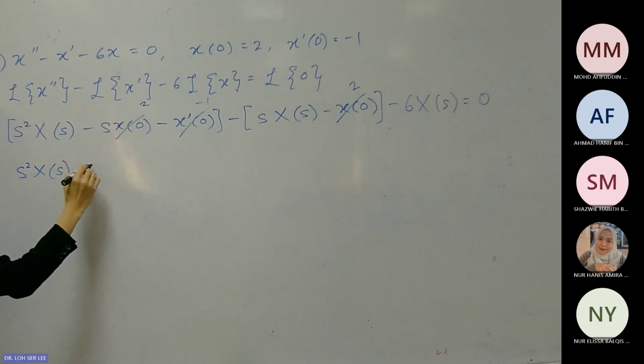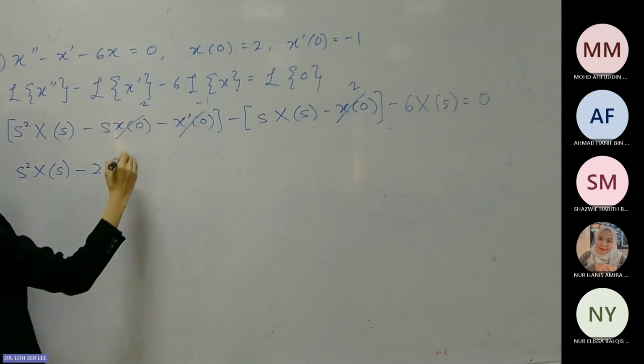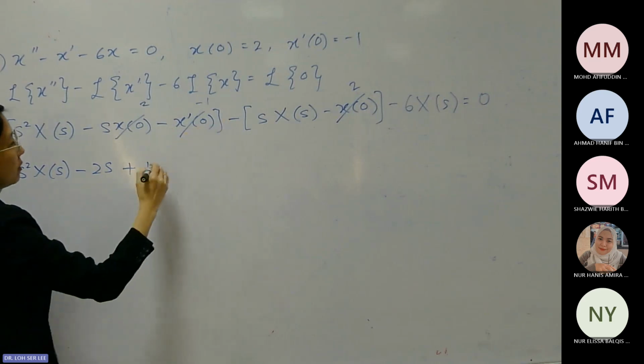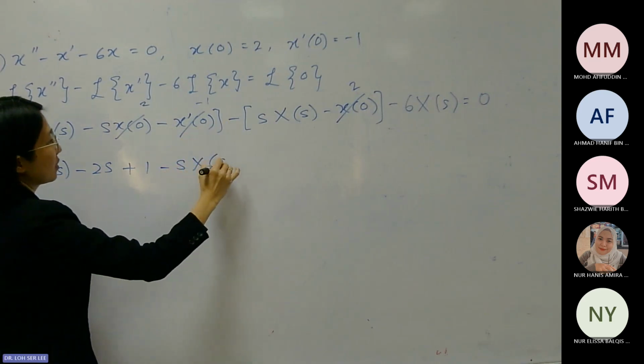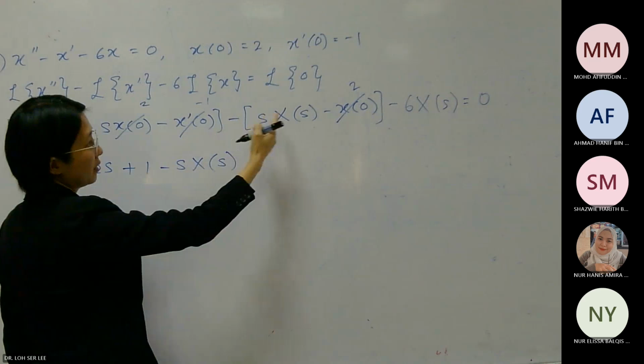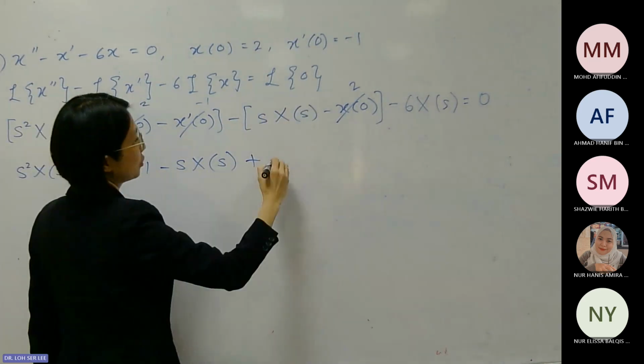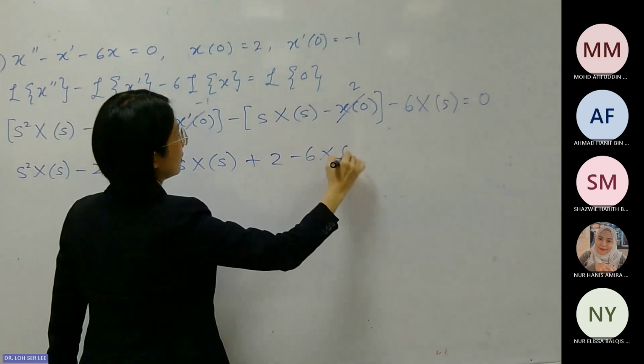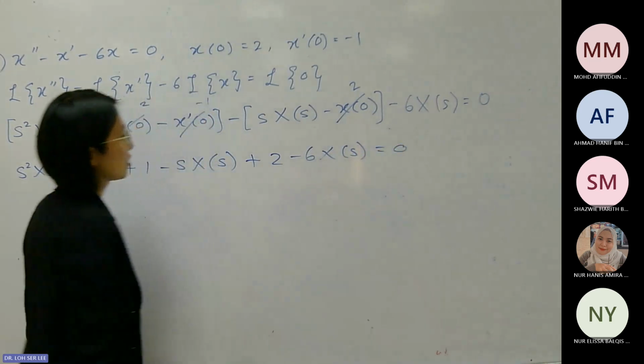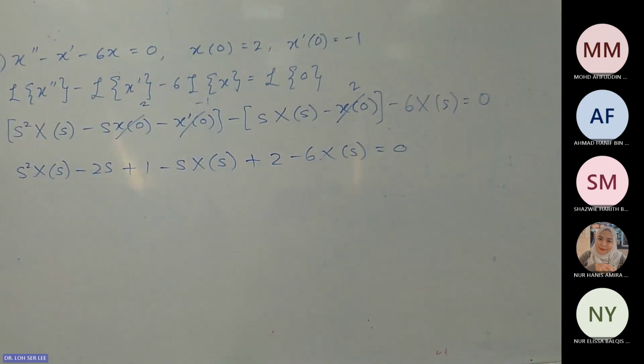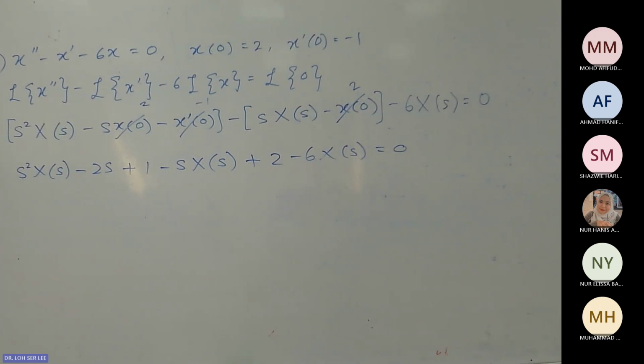Minus 2s plus 1, minus s X in s, plus 2, minus 6 X in s equals to 0. Then we factorize the X in s, and simplify those terms without X in s and move them to the right.